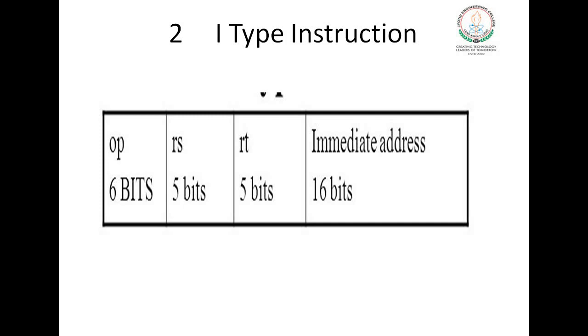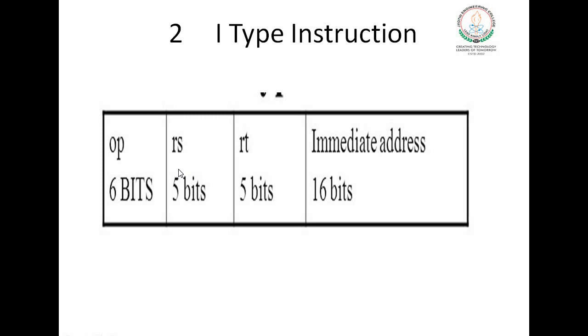Next instruction format is I-type instruction format. This figure shows the format for I-type instruction. It has 4 fields. First one is opcode. Opcode represented as 6 bits. Second one is RS. RS is source register.